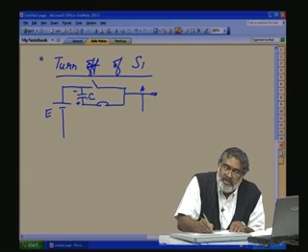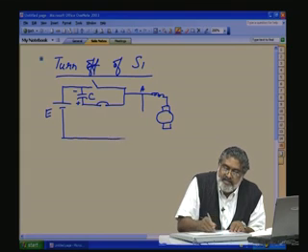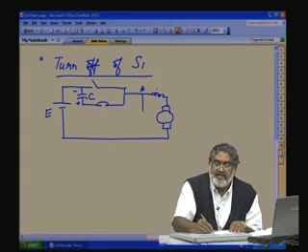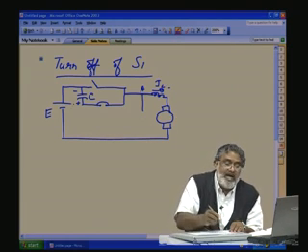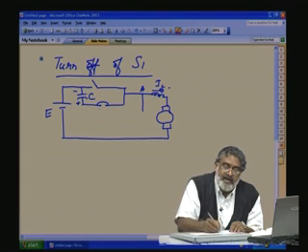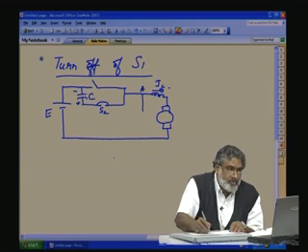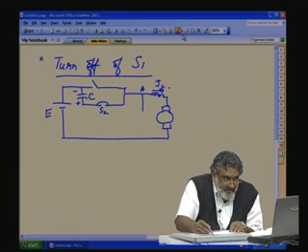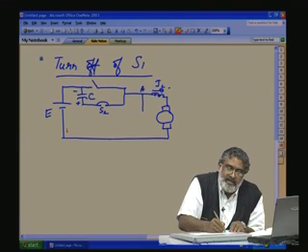So, the load is still highly inductive and the load should get the full DC current. Current cannot change in this inductance, so this DC IL will still flow. That means this IL will come through C1, S2 and through L and go to the load. So, that current path we will mark now. The current path is like this.